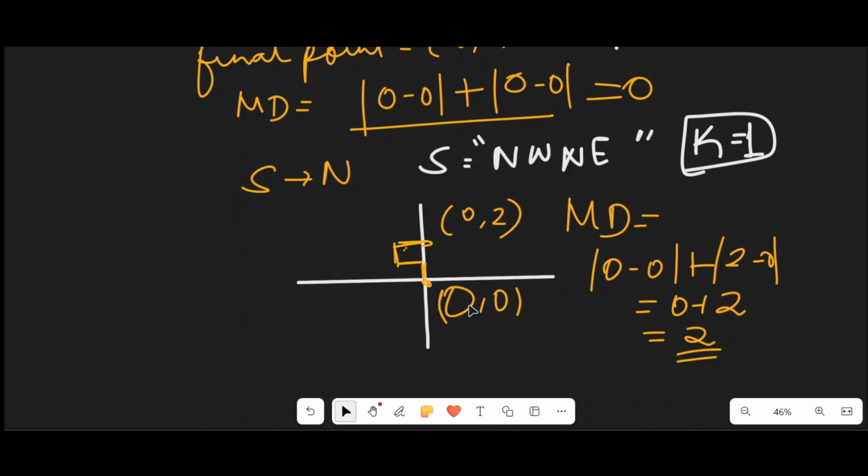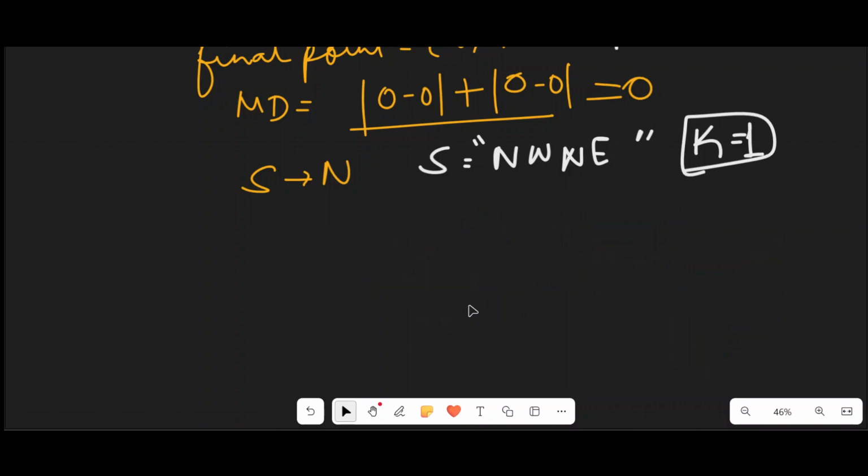But if we try to check it out at every point, wait, let me make this again, so it shall be easier for you to understand. Okay, so first I have started at my initial point, at 0 comma 0, and I have to move north by 1 unit, so I'll move north by 1 unit.